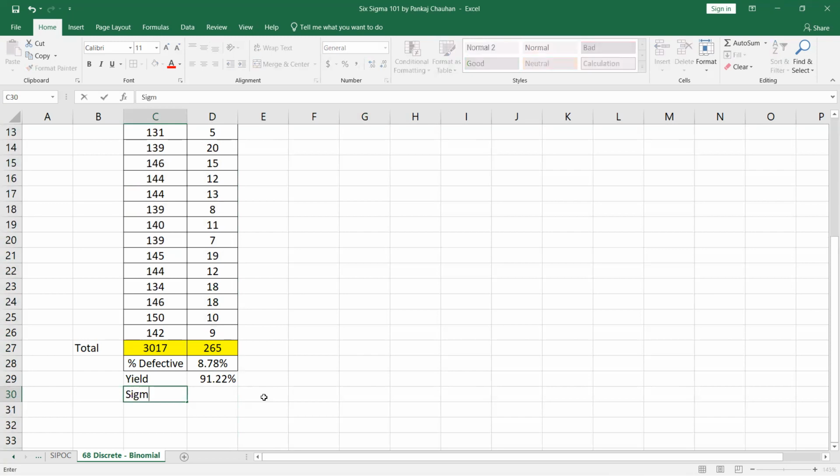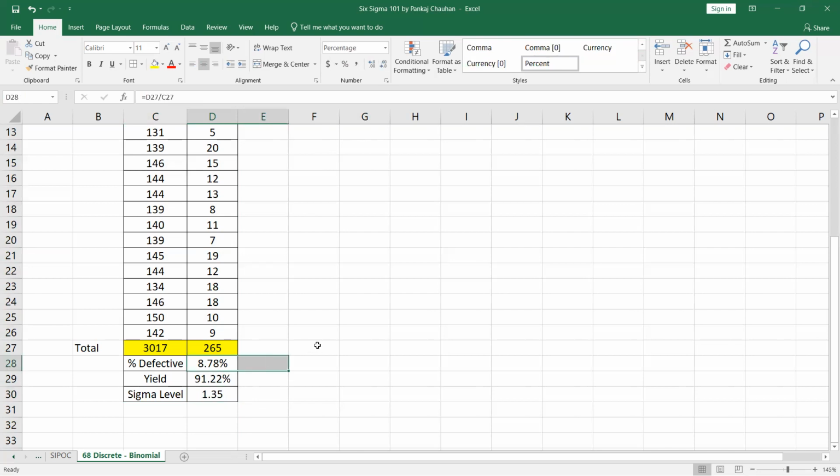The sigma level of this process, or Z value, we get using the formula NORM.S.INV of 91.22%, which means your process is performing at 1.35 sigma. So if the current defective rate is 8.78%, the yield is 100% minus 8.78%, which is 91.22%, and 91.22% output is equal to 1.35 sigma.